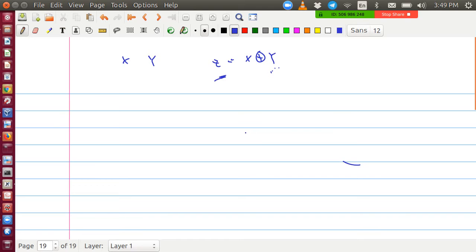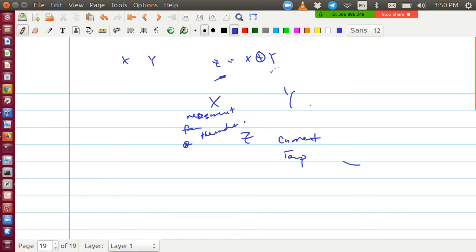Let's say z is the current temperature, and x and y are measurements from two thermometers.